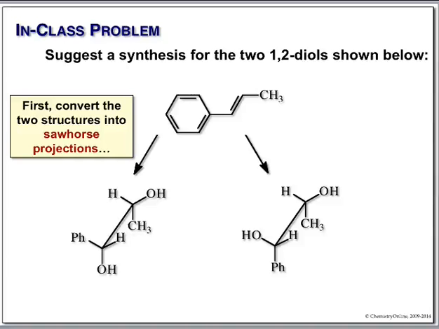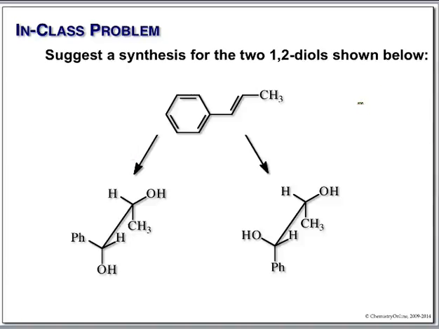Now our second step, once we make a sawhorse, we want to take and rotate so that the phenyl and the methyl are on opposite sides of each other. Why do we do that? Because look up here, here's our double bond we started with. It's trans, phenyl and the methyl on opposite sides.